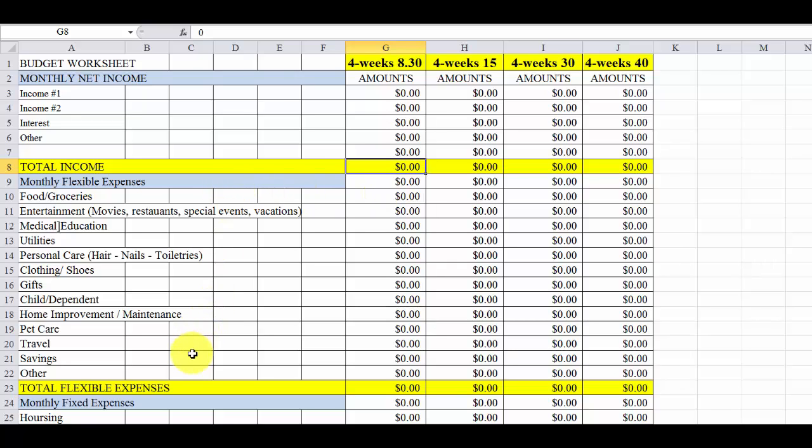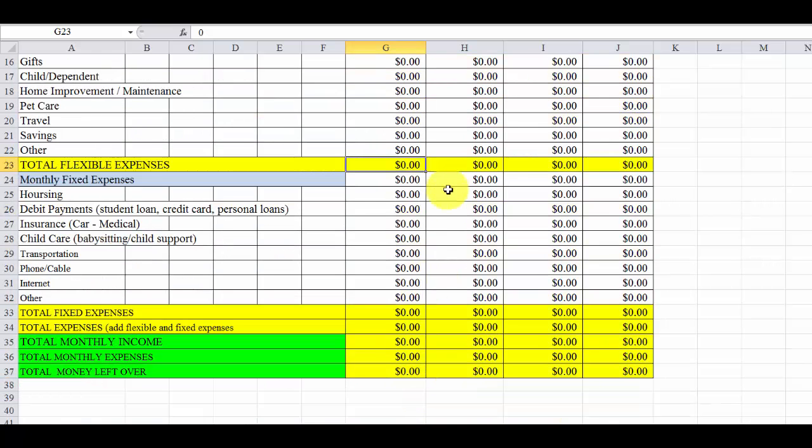Then we have your expenses: your monthly flexible expenses go here, and this will be the total for those. Then we have your monthly fixed expenses, they go here. So your total fixed expenses, your total expenses overall, your total monthly income, then subtract your total expenses, and this is the money you have left over, which should be an eye-opener.